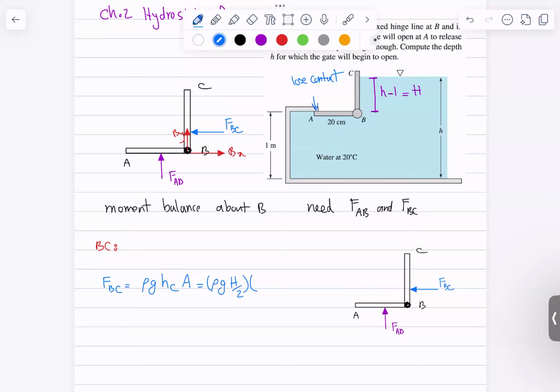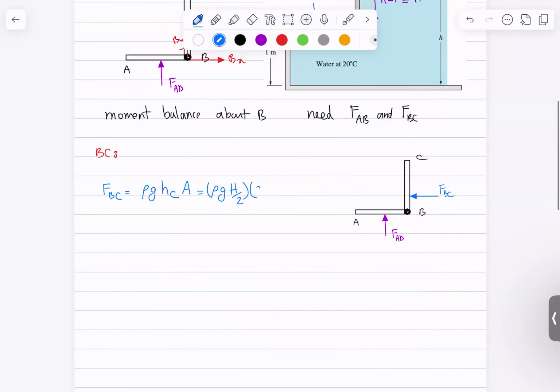It's the h minus 1 times 2 meters into the paper, which I'm going to call 2H. Again, the capital H is just what I'm calling h minus 1. Okay, so this will become rho g H squared. That's the magnitude of this force FBC.